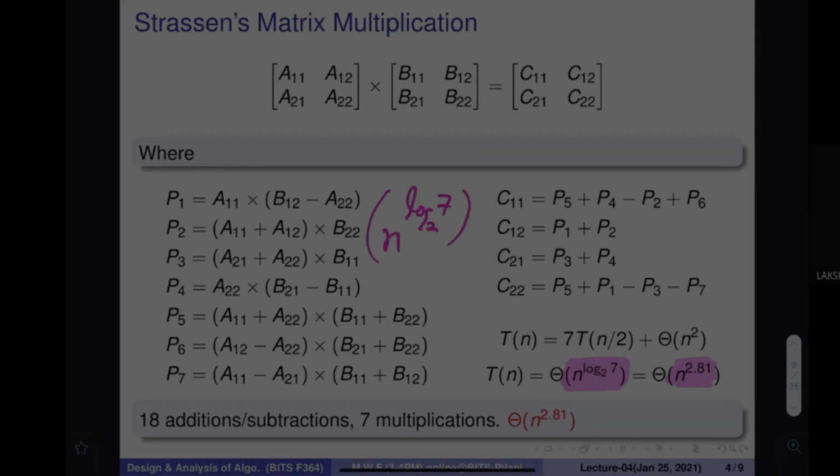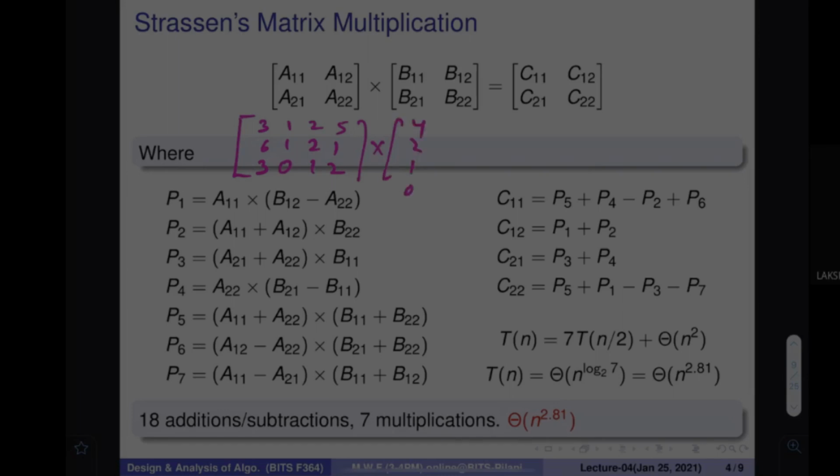No questions? Okay, if you don't have any question, I want to give you a homework, and the homework is very simple. I'm just going to write this. Let's assume that 3 1 2 5 6 1 2 1 3 0 1 2 is multiplied by 4 2 1 0 1 0 3 1 2 1 2 2 1 2 1 2.